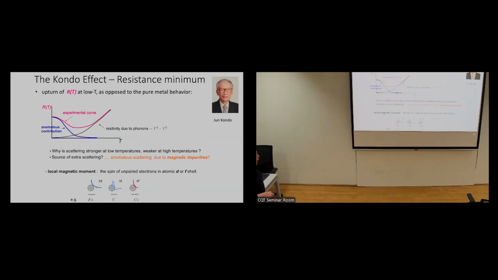this could be due to iron impurities or uranium impurities or cerium impurities. They have to have spin in the ground state.